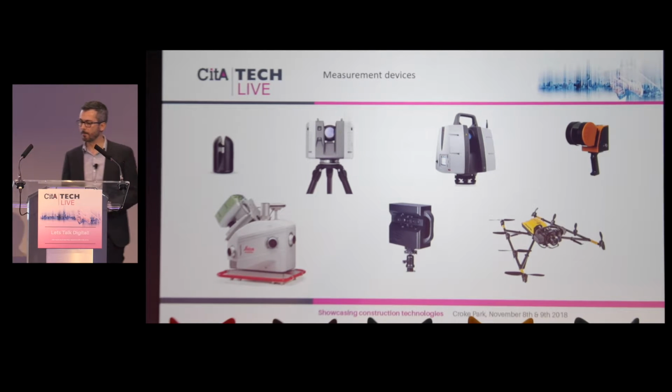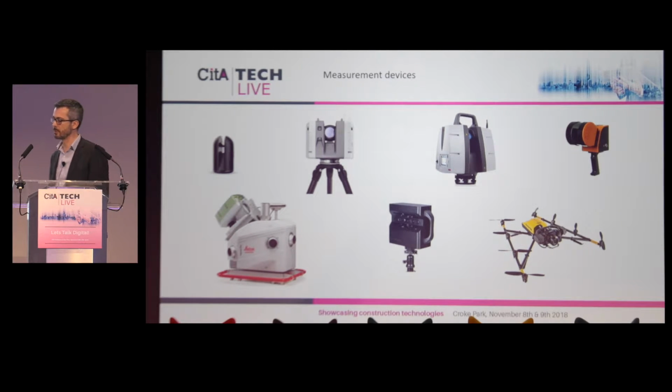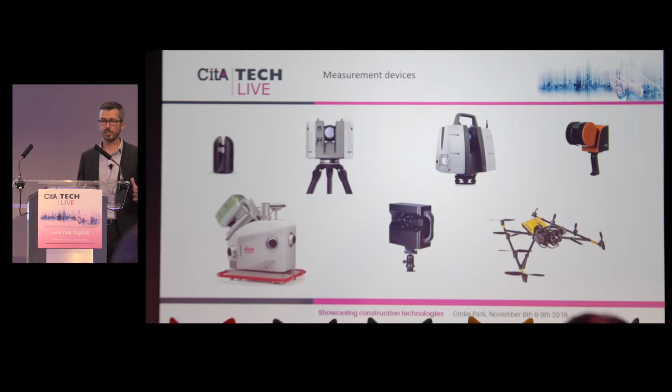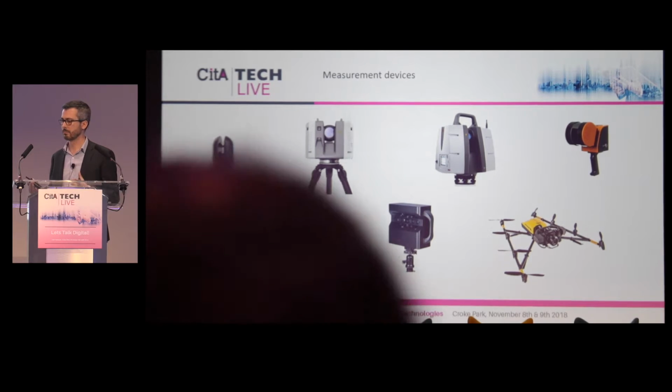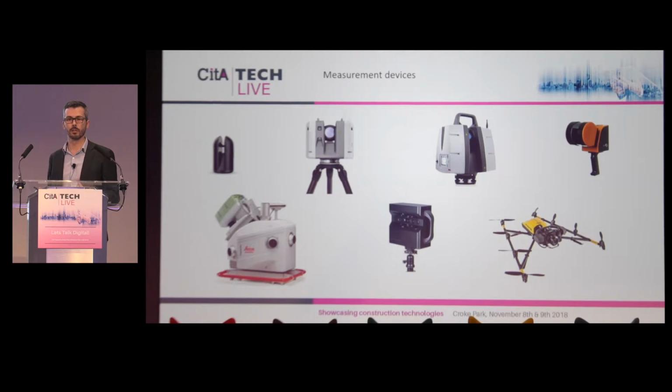A little bit of time dedicated to the measurement devices. One of the most popular devices these days is the laser scanner, but there are different types of laser scanners, different price ranges, different accuracies, and the price is really related to the physical components that go into the laser scanner.